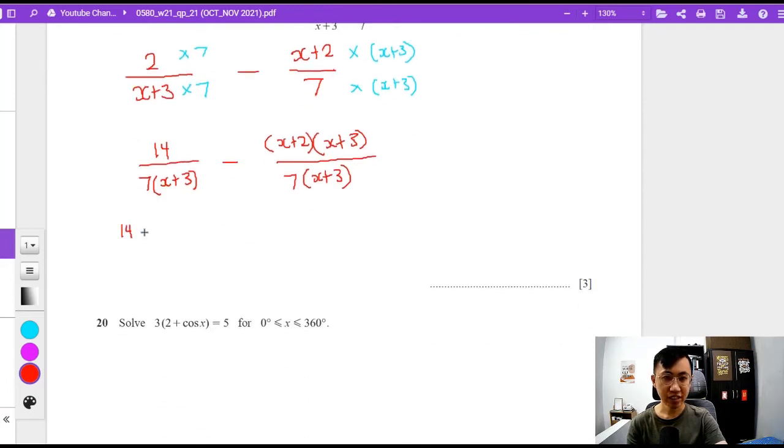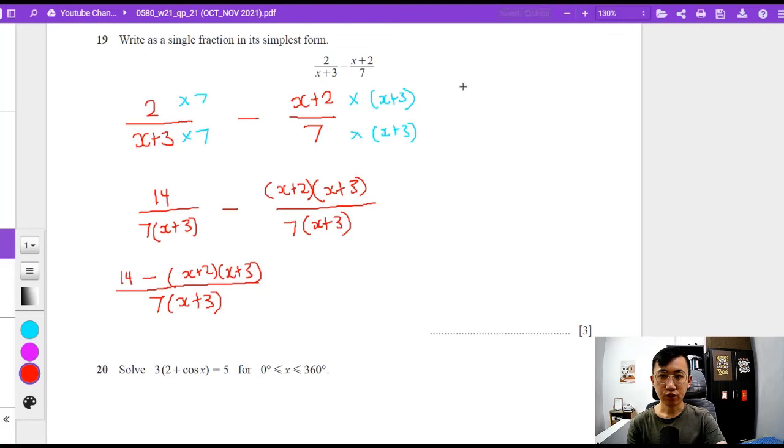So 14 minus, so here we are going to copy x plus 2, x plus 3, and we are going to combine as a single fraction. So this thing I wouldn't expand first, just keep copying like this. Alright, so what we are going to do next is to expand this using FOIL, and let's see from there.